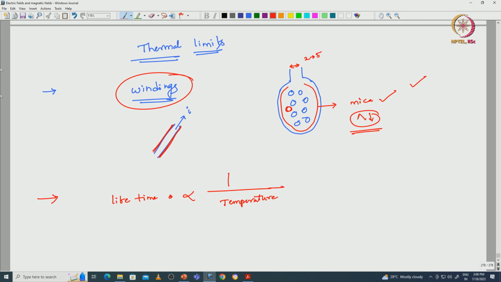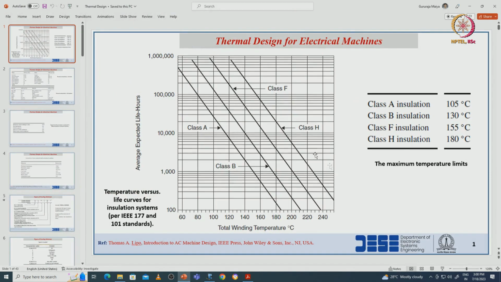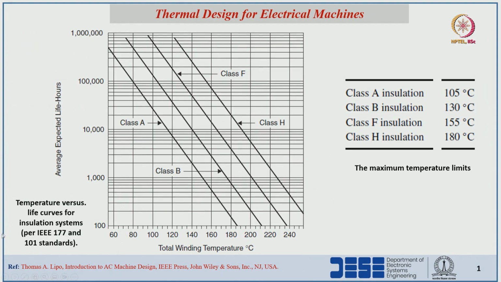If we look at the limits for different temperatures as per the NEMA standards and IEEE standards, we can see different classes of insulating materials: class A, class B, class F and class H, and the maximum operating temperature. These are the safe operating limits. If the winding insulation temperature exceeds these safe operating limits, then the winding insulation will be damaged, and eventually it will damage the complete machine also.